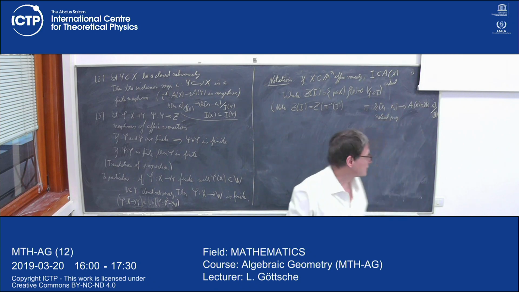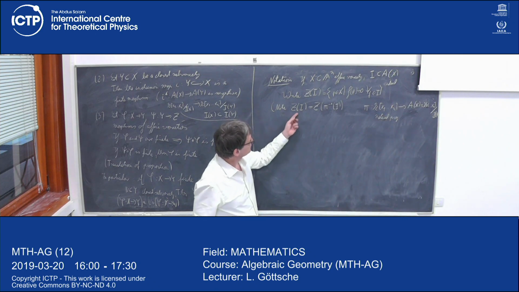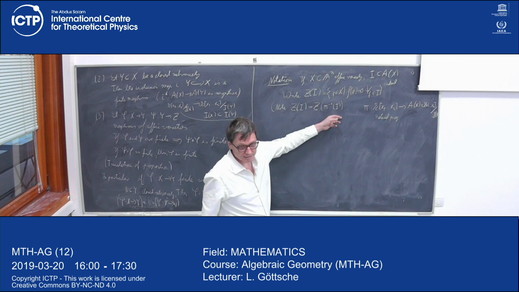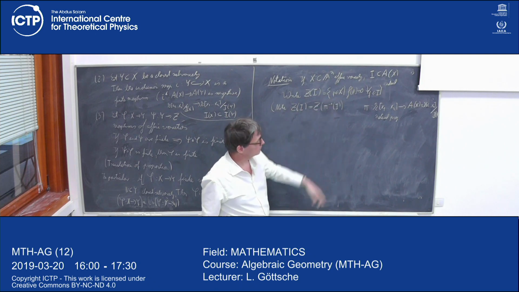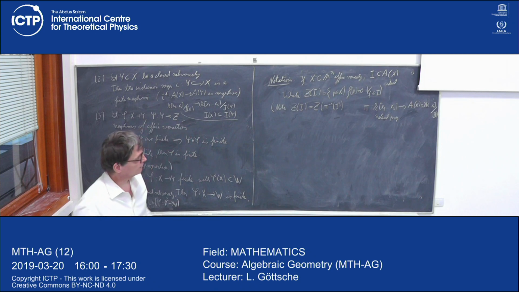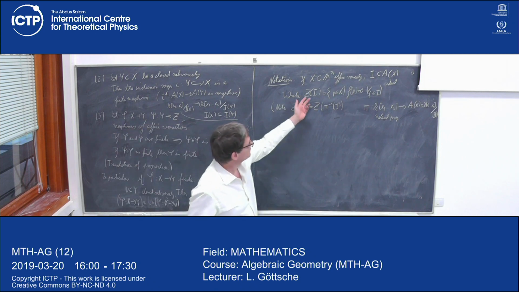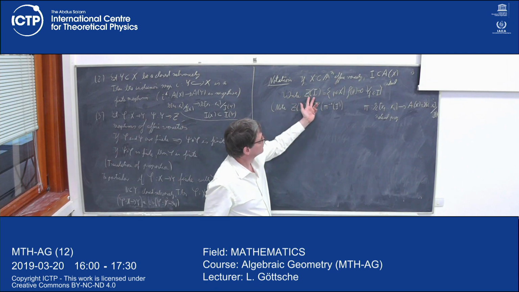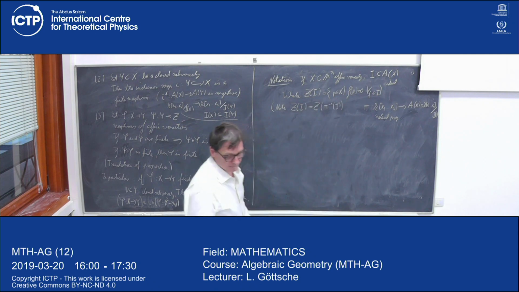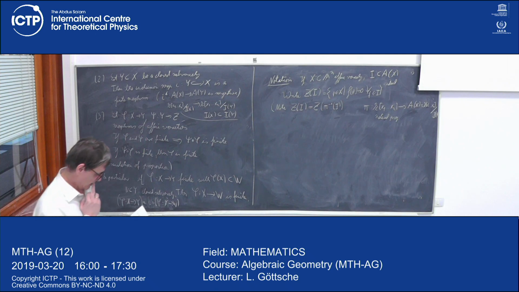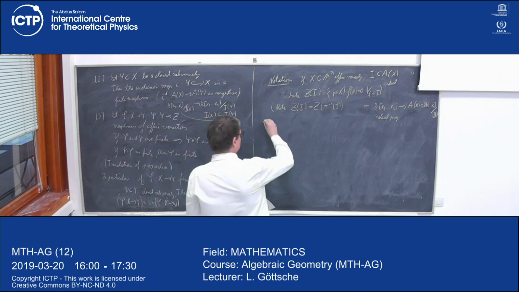Now you can see immediately that the zero set of all these is precisely this, because we are in X. So there's no problem. But it's kind of nice to be able to think of the zero set of an ideal in the coordinate ring.